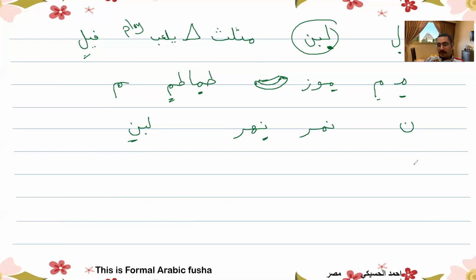Then ha. Pyramids, as you see in my picture here, called haram. In the middle, as in coffee, called qahwa. Ha, right here, and some people may write it in the end as this shape.